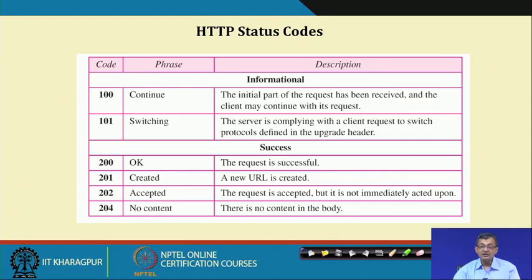There are status codes of the 2XX series: 200 is OK, the result is successful. 201 is created, a new URL is created. 202 is accepted, the request is accepted but not immediately acted on, and 204 is no content, that means there is no content in the body.